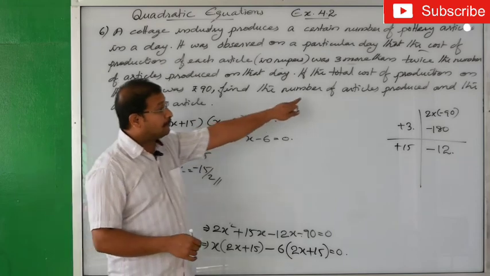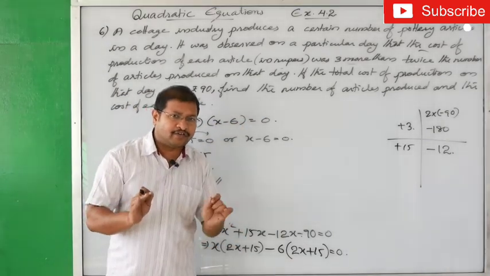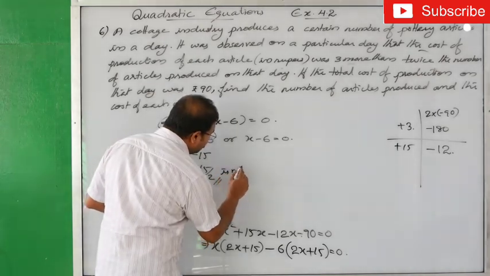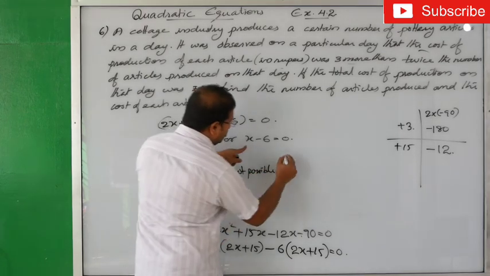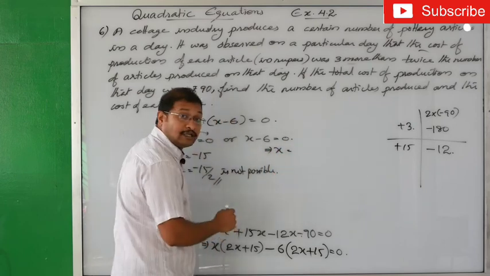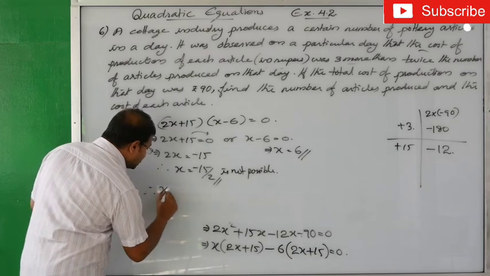The number of articles produced. Of course, we know that the number of articles produced can never be negative. That means it is not possible. The next option is x equals minus 6 goes to the next side, plus 6. Therefore x equals 6.